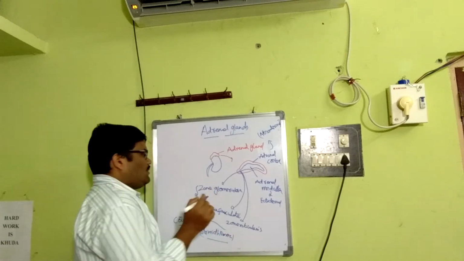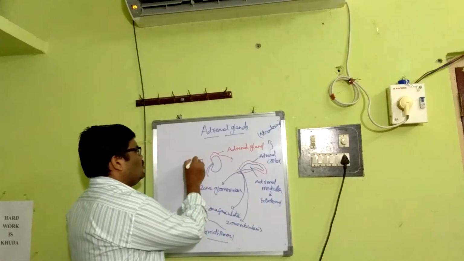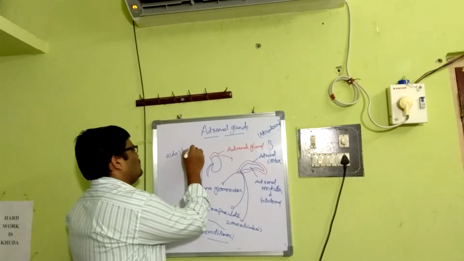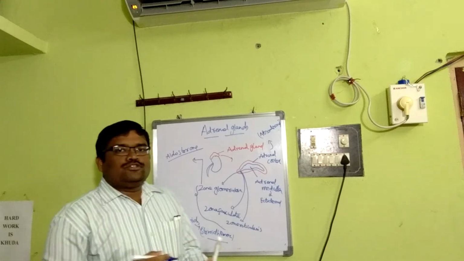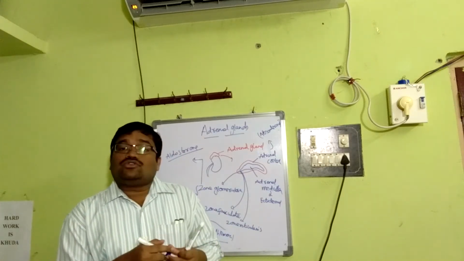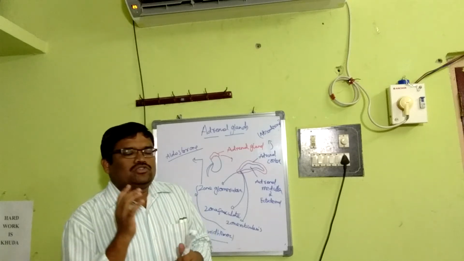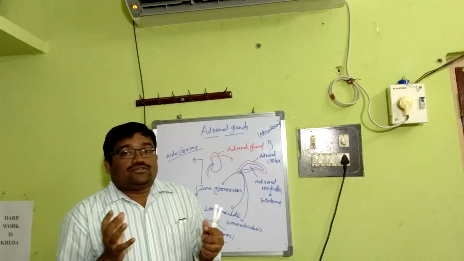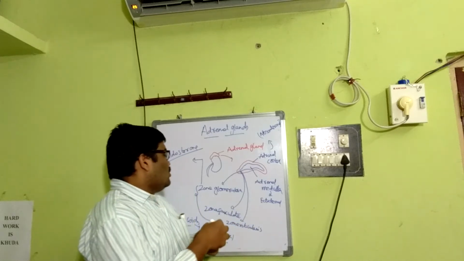Then we'll discuss one by one. First, zona glomerulosa. The most important hormone in zona glomerulosa is aldosterone. That is why they are called mineralocorticoids.